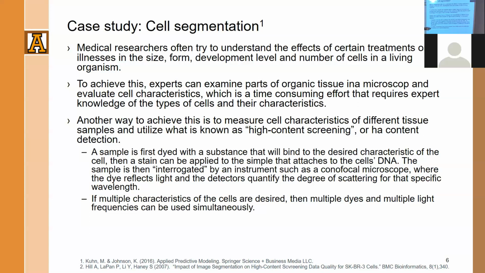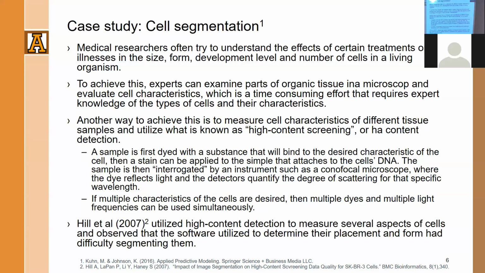If multiple characteristics of the cell are desired, then multiple lights and multiple light frequencies can be used simultaneously. So this microscope can emit different lights at different frequencies and detect back the readings of those lights. Different lights represent different channels.